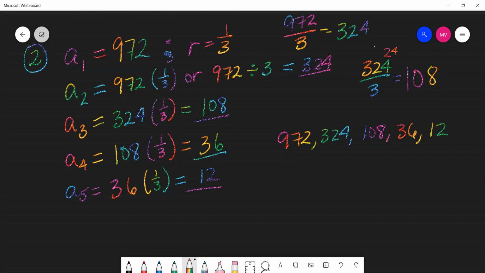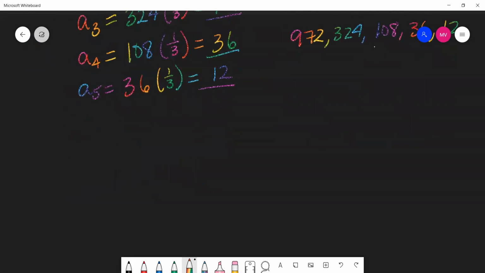When you see a descending value as you go through a sequence like this, where the numbers keep getting smaller, that means your ratio must be a fraction because you're constantly dividing the previous number into a smaller chunk, right? I just wanted to make that distinction.